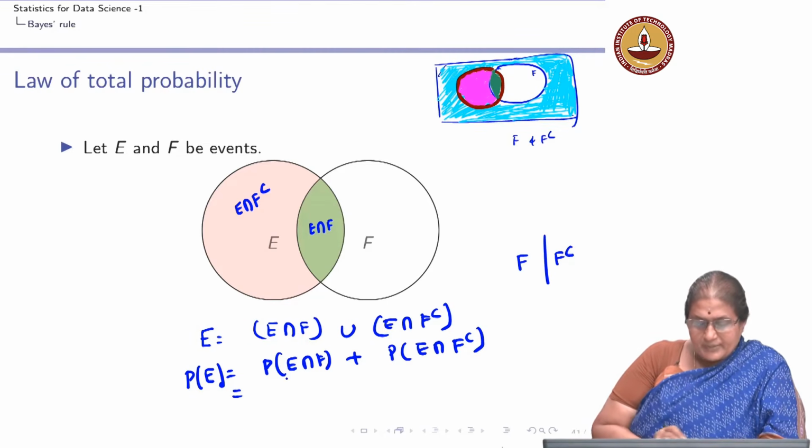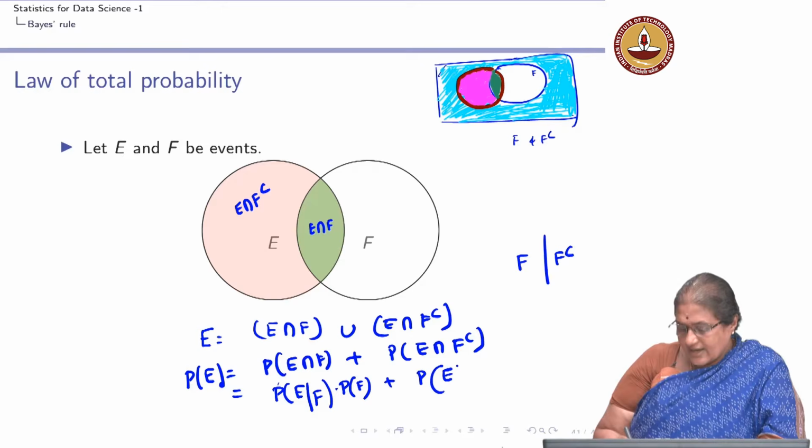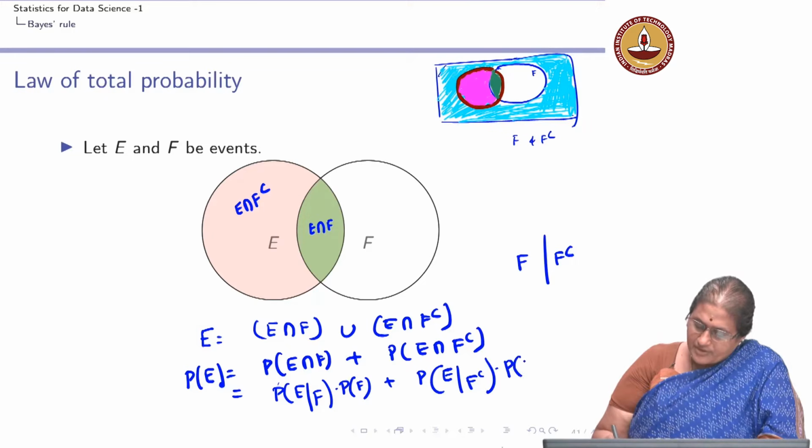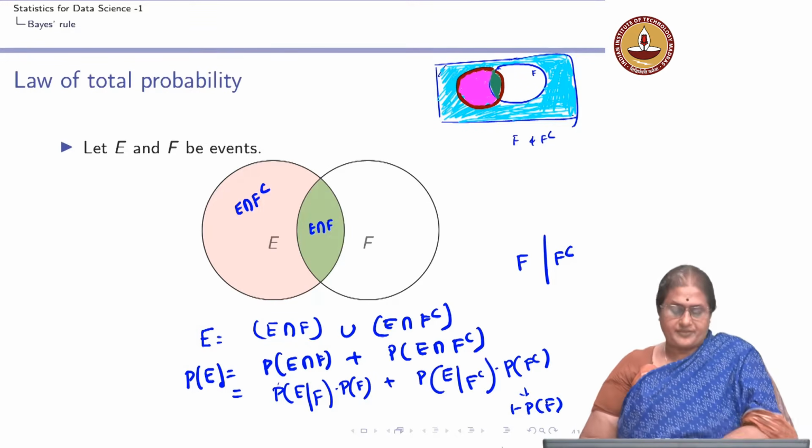Now, from the multiplication rule, I can state this as probability of E conditioned on F times probability of F, plus probability of E conditioned on F complement times probability of F complement. Recall, probability of F complement is 1 minus probability of F.